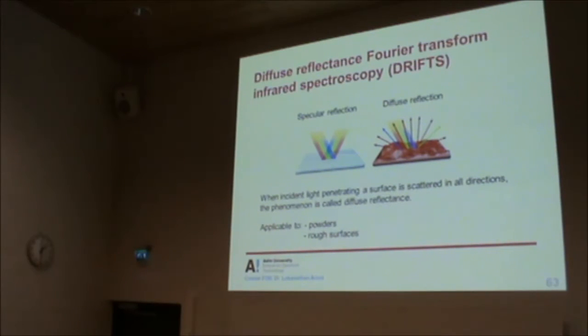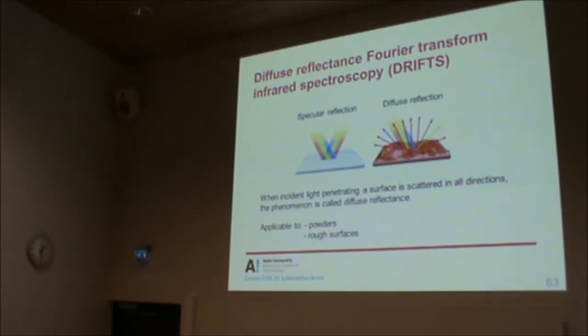Okay, so now the other technique that is also very useful is diffuse reflection. Very often our samples, for example, if you take paper, if you take a sheet of fiber, are not very smooth, and this technique allows us to detect infrared absorption on very rough surfaces, and this is how it works.